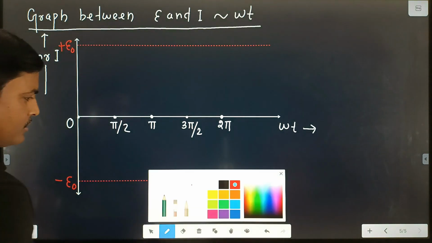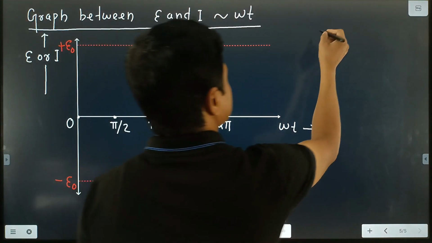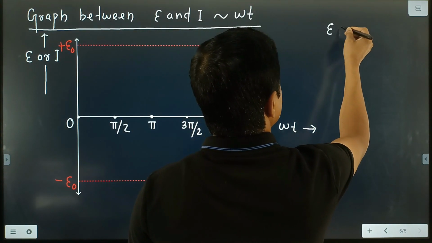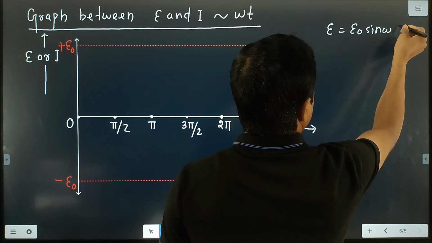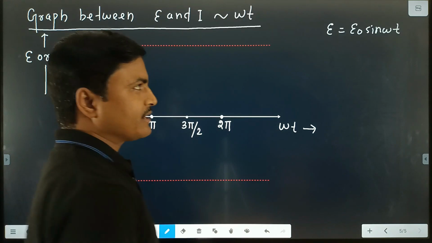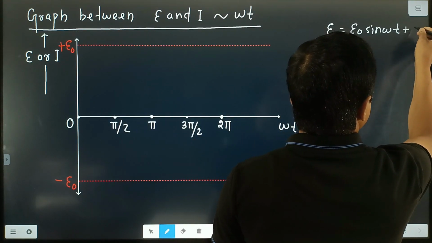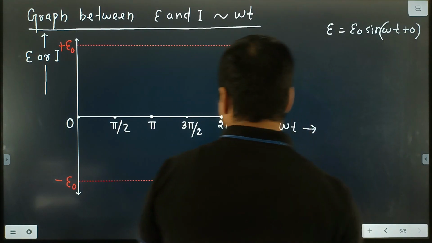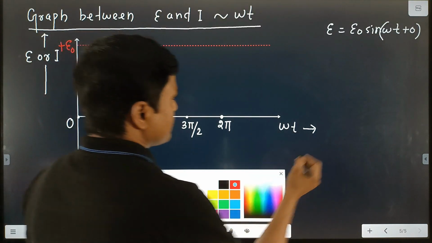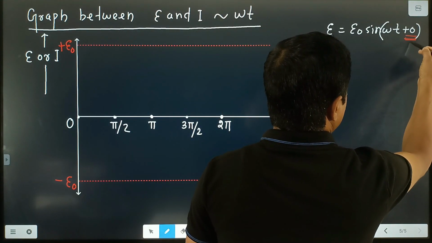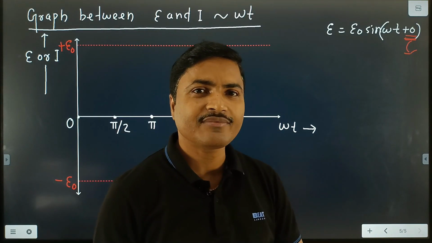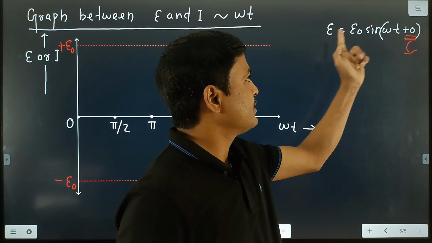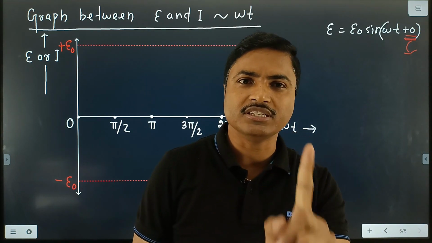And you know the equation, E is equal to E0 sin omega t. We write sin (omega t plus 0), and this 0 is known as the initial phase, that means EMF starts from the point 0.